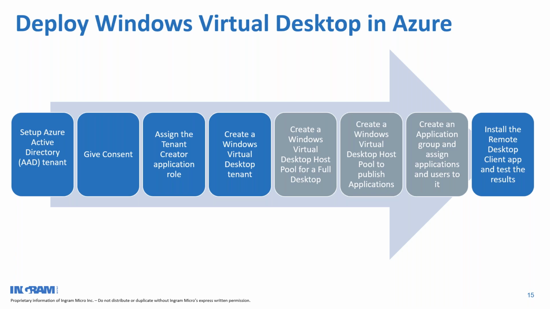But as of today, there are steps involved in the deployment where you have to use PowerShell scripts. It's about eight to nine steps that you have to go through in order to deploy a Windows Virtual Desktop infrastructure. First time it may not be very easy. As you start doing it regularly, you'll find it easier and faster.